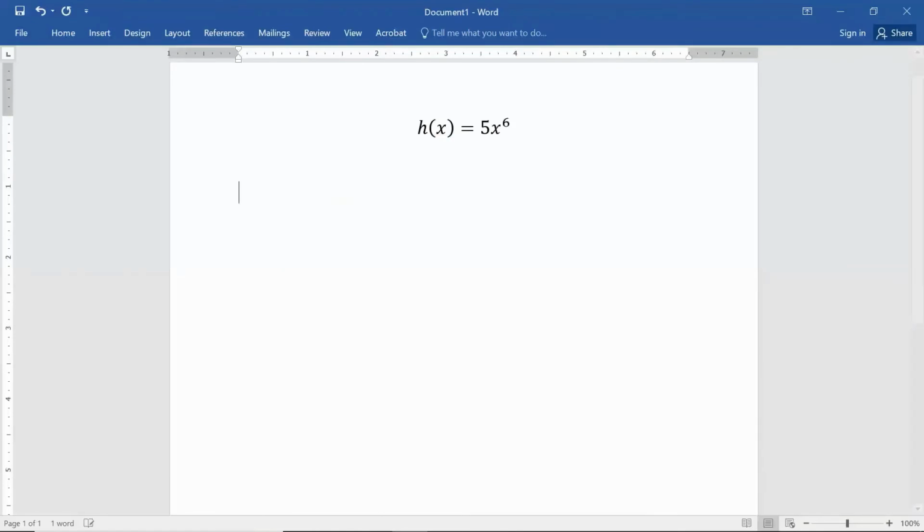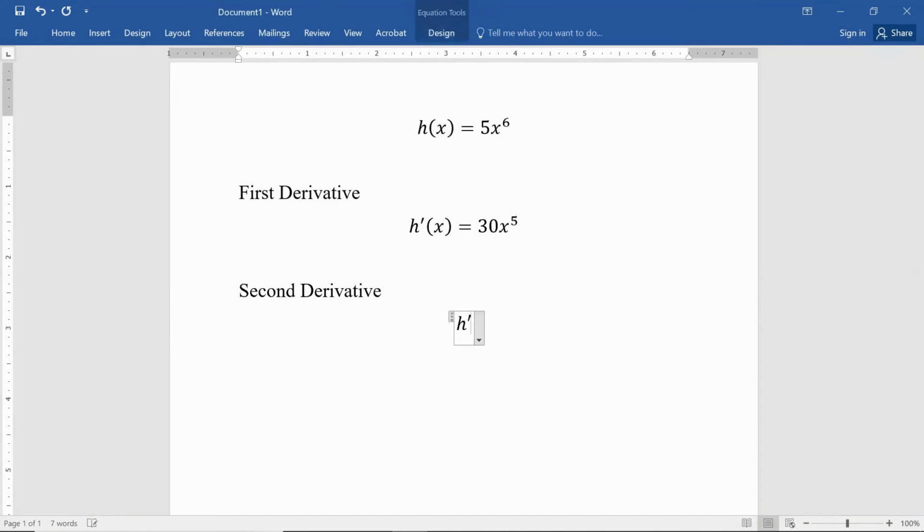So let's take a look at what we did. The first derivative, h prime of x, was 30x to the 5th. The second derivative is h prime prime of x, which was 150x to the 4th.